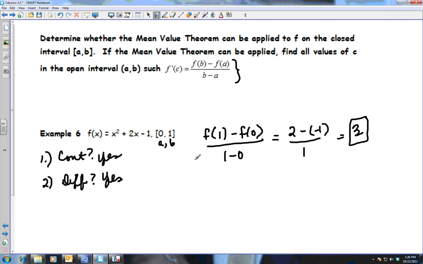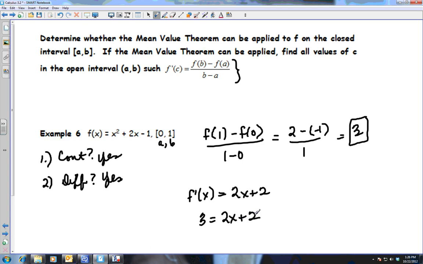So now I want to find f prime of c. That means take my equation and find the derivative. So my derivative is 2x plus 2. And I want to know, okay, when is this derivative equal to 3? So I'm plugging 3 in place of my derivative right here.